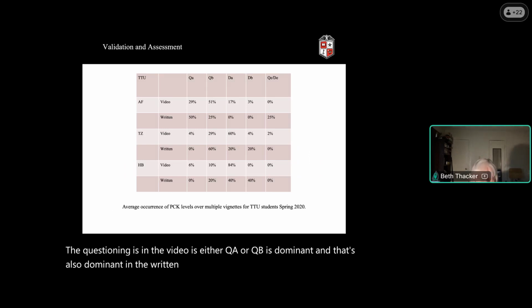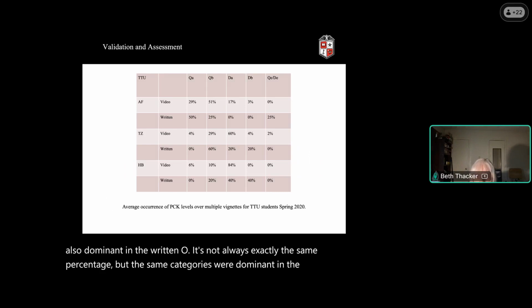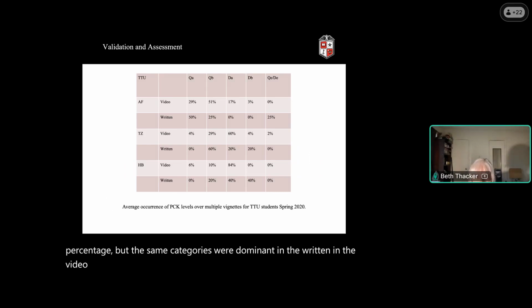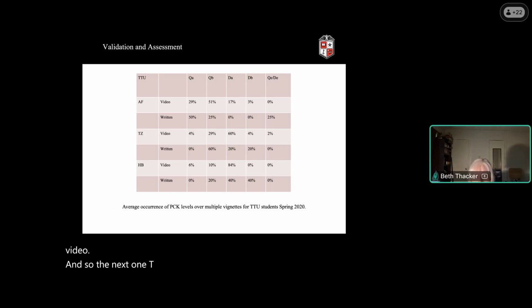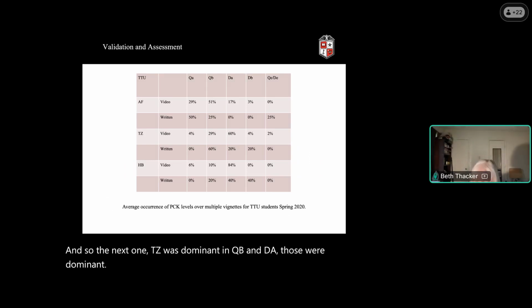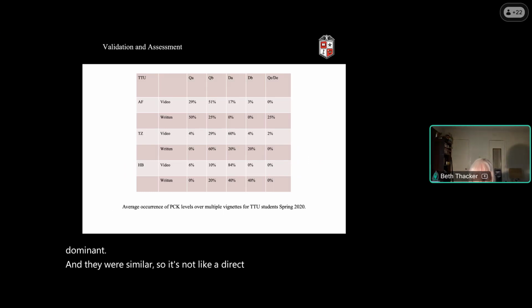So it's not always exactly the same percentage, but the same categories were dominant in the written and the video. And so, yeah, the next one, TZ, was dominant in QB and DA. Those were dominant. And they were similar. So it's not like a direct agreement, but usually the dominant categories were the same.